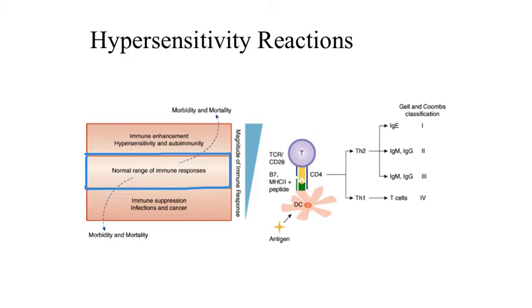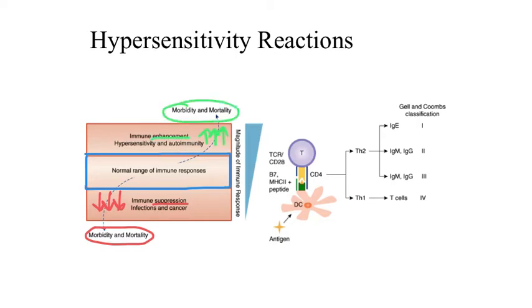However, if our immune function is suboptimal because of immune suppression, this can lead to increased risk of infection and cancer, and possible morbidity and mortality. In addition, on the reverse side, when the immune system is enhanced, you can have hypersensitivity and autoimmunity, which can also lead to morbidity and mortality.